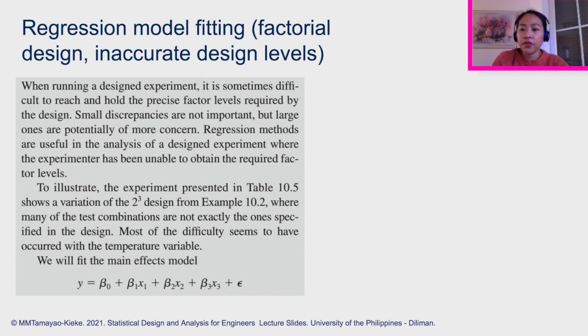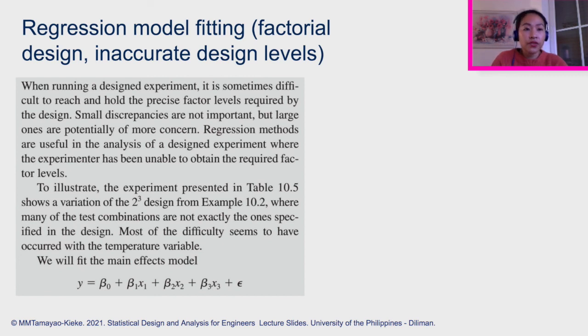Regression methods are useful in the analysis of designed experiments where the experimenter has been unable to obtain the required factor levels. This can be really useful in real life, when you're performing your experiments and you cannot be very accurate with your factor levels. So regression analysis can come in handy.